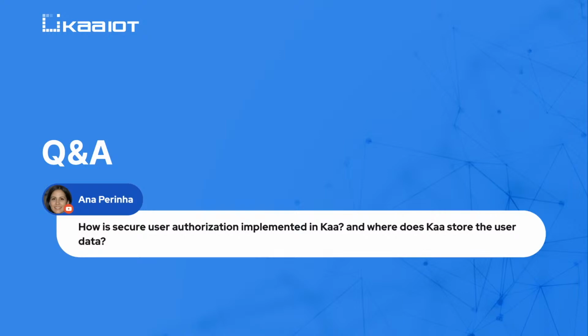Actually, we are using the Kaa identity and access management, which provides comprehensive unified user resource access and permission management. It implements best practices in case of storage, and additionally, the disks where the data is stored can also be encrypted.